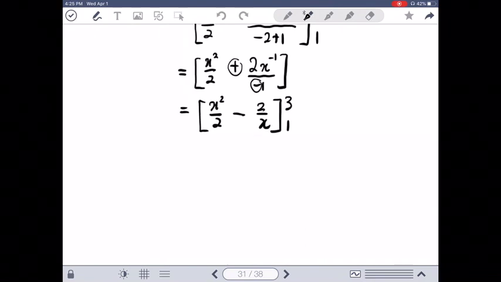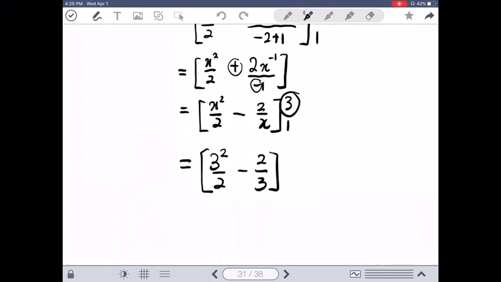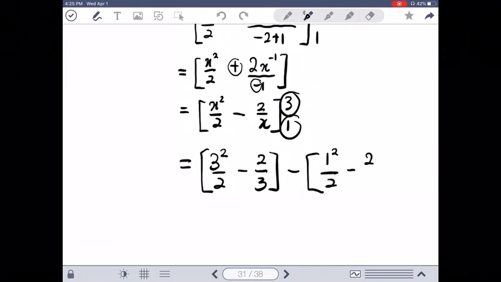I just simplify things, which is just equal to 3 squared over 2 minus 2 over 3. This is the top one, minus the bottom one. So we get 1 squared over 2 minus 2 over 1.